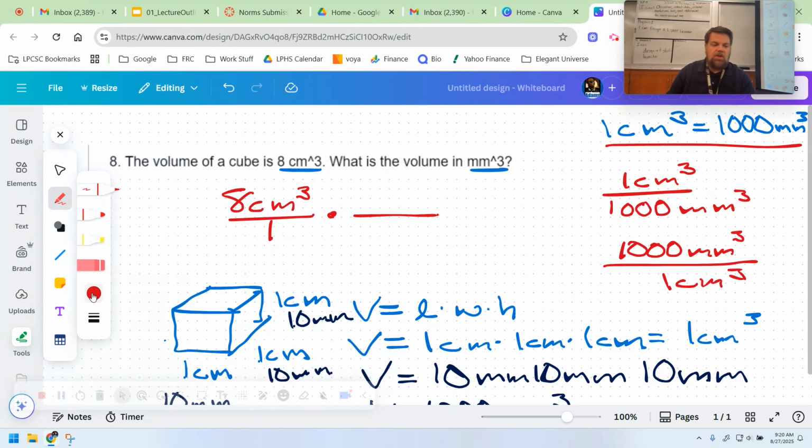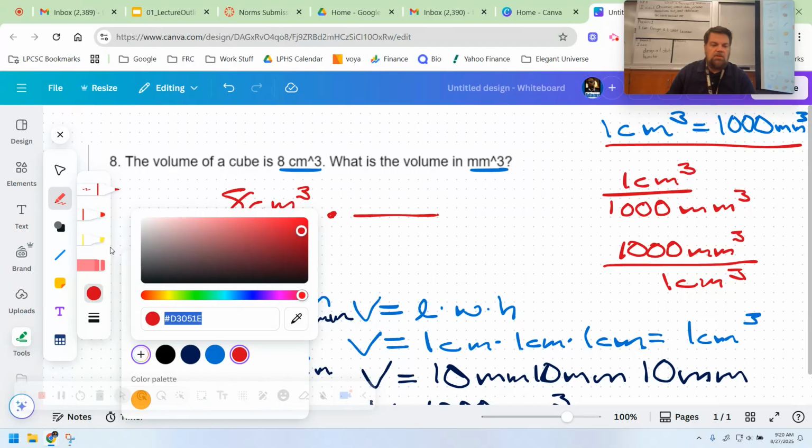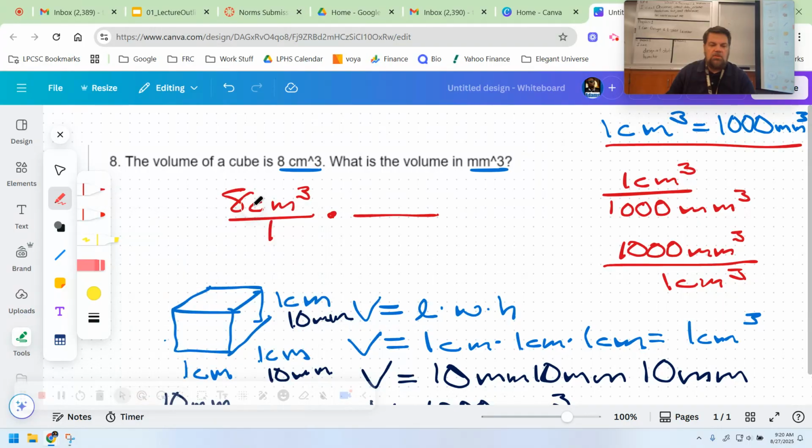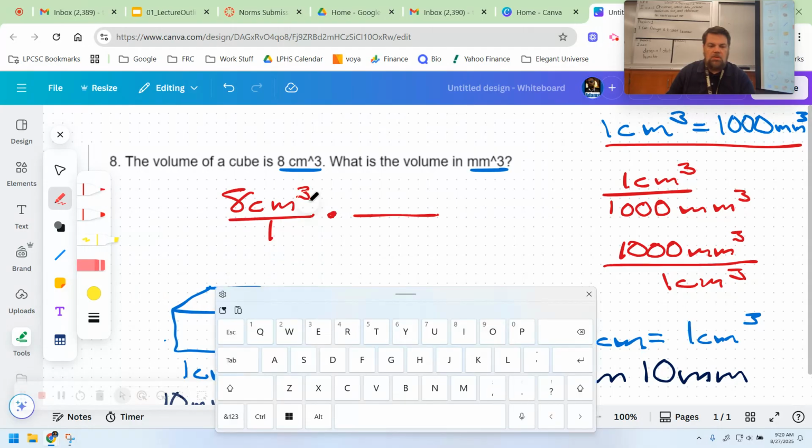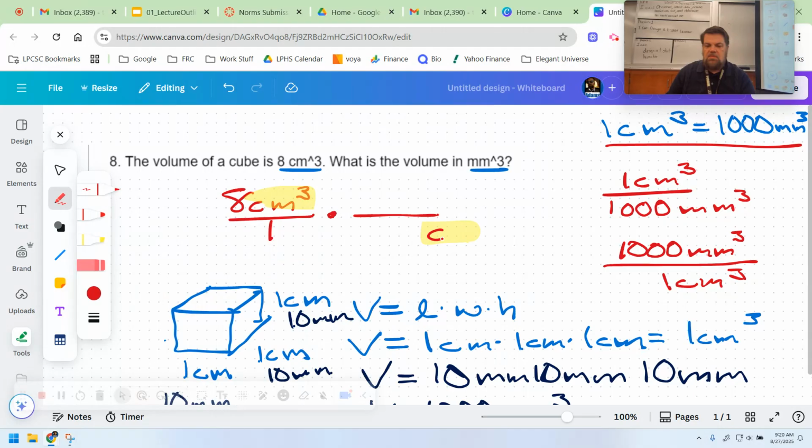Now what I'm really trying to do is cancel out this stuff here. So that means down here, what I really want is for this to be centimeters cubed on the bottom. So that's how I decide which one to use.